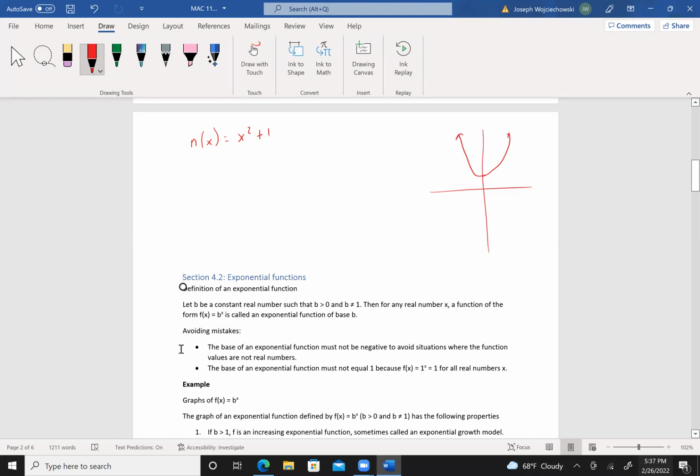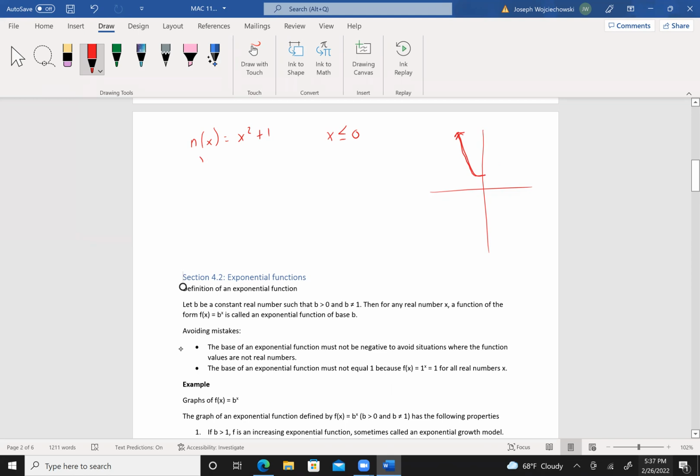However, if I say for x less than or equal to 0, then I'm only dealing with this half of my parabola, and I'm okay. Now it's one-to-one, so now let's find our inverse.